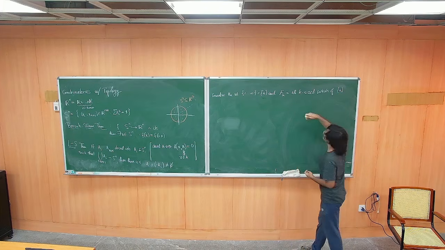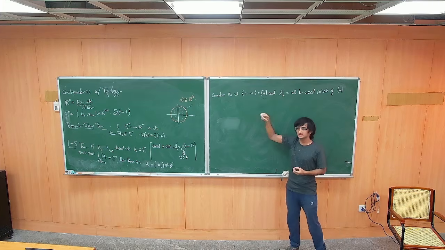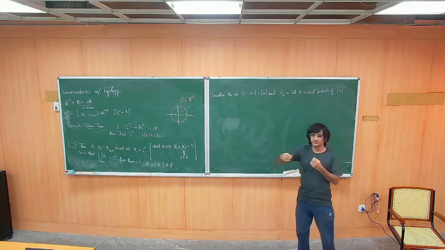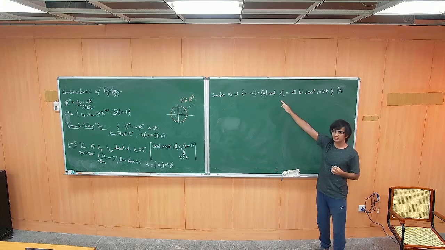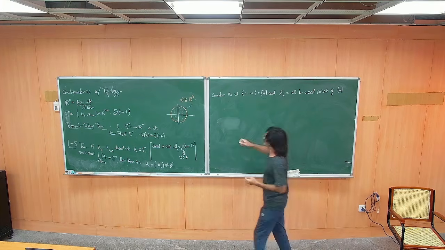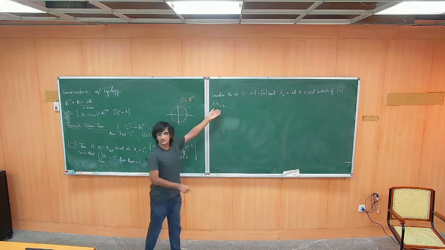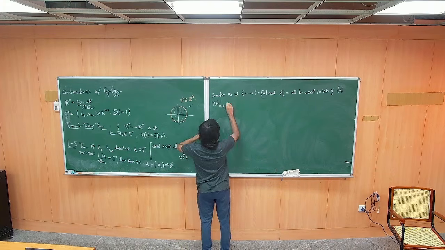So you consider all k-size subsets of a set whose size itself is n. Now I'm going to create a graph whose vertices are elements of F_k. We'll call this KG(n,k), which stands for Kneser graph on n comma k, but it's fine.